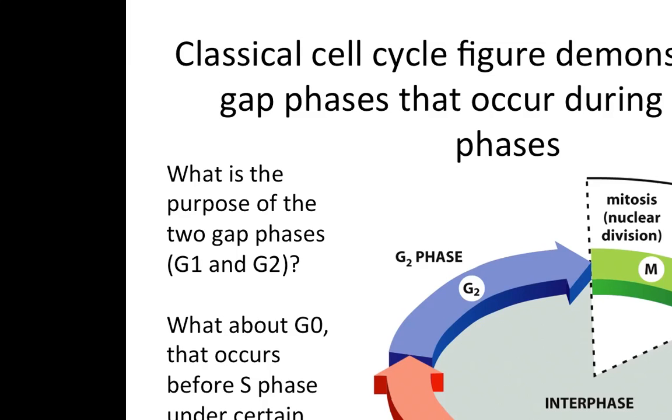What cells are always in G0? What else? Eggs. Right? Aren't they in G0 until fertilization? Are eggs dividing all the time? Come on, guys. Sperm, are they just dividing all the time?